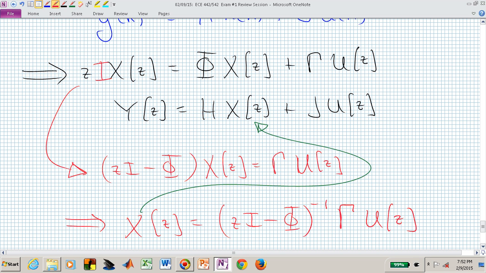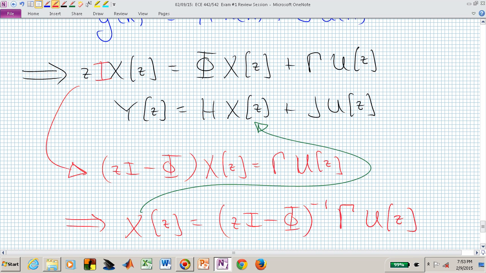Over on the right-hand side of that equality sign, I have a phi matrix, a 2 by 2 times a 2 by 1 vector. I want to be able to factor out capital X of Z, and if I have a scalar, I can't add or subtract that with a 2 by 2 matrix phi. To make it compatible, I need to insert this identity matrix.